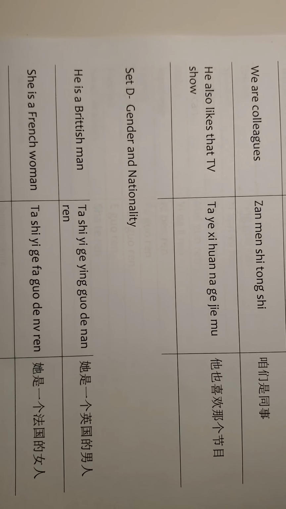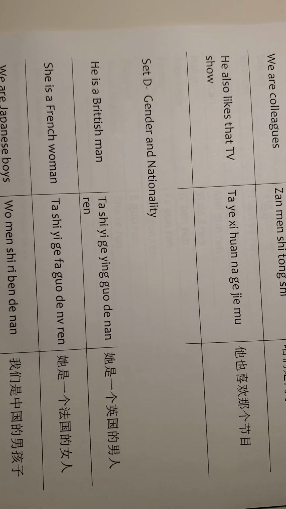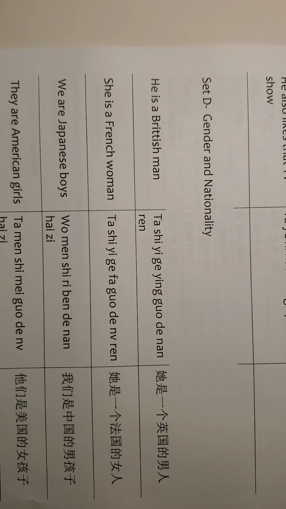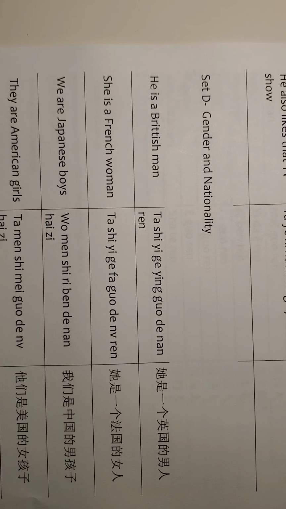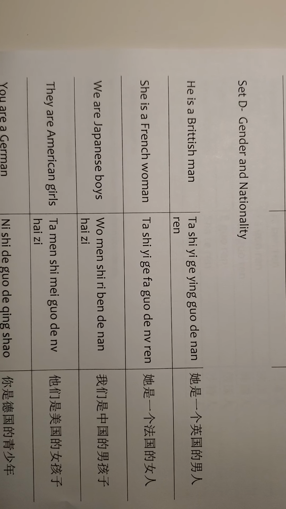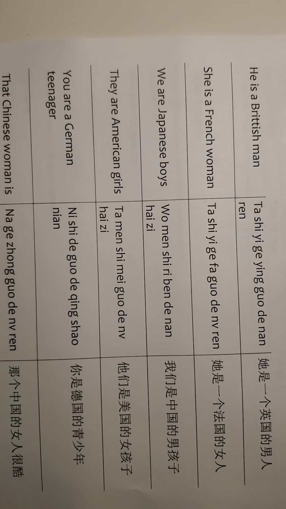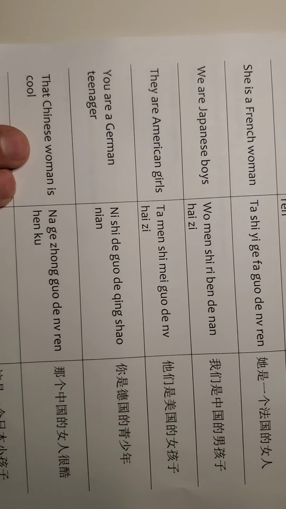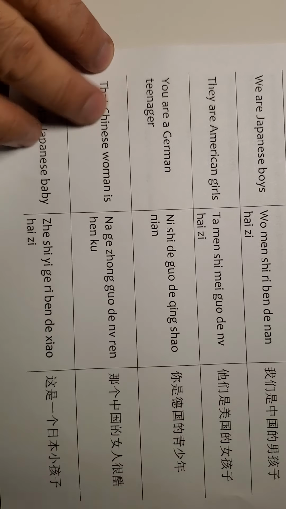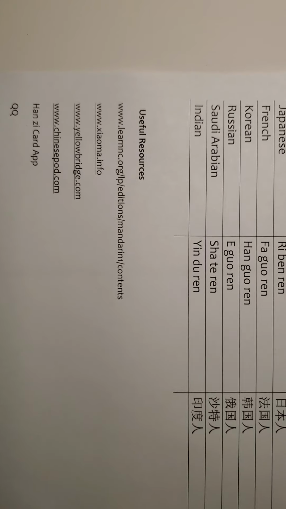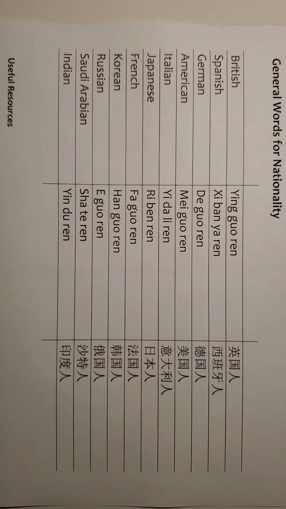But whatever. 咱们是同事. 他也喜欢那个节目. 他是一个英国的男人. 他是一个法国的女人. 我们是日本的男孩子. 他们是美国的女孩子. 你是德国的青少年. 那个中国女人很酷. 这是一个日本的小孩子. There's some different ethnicities, this might be somewhat useful to you.